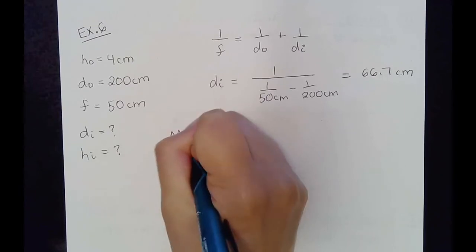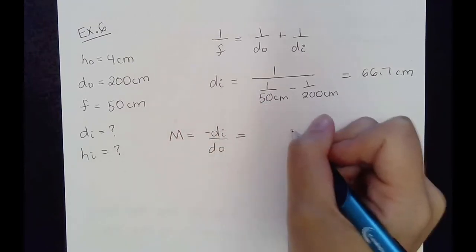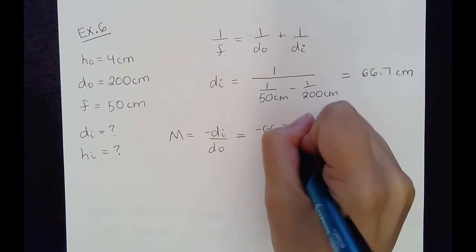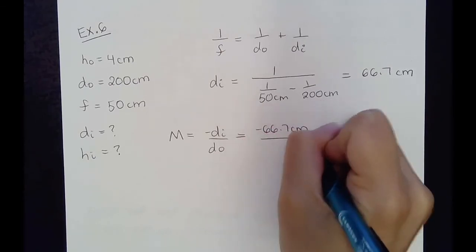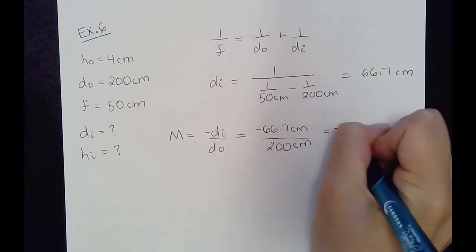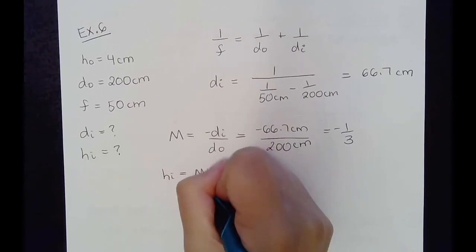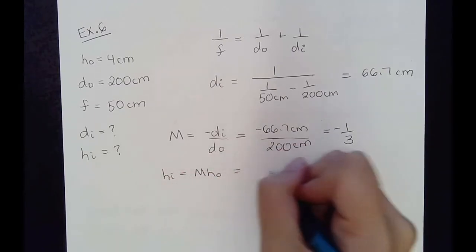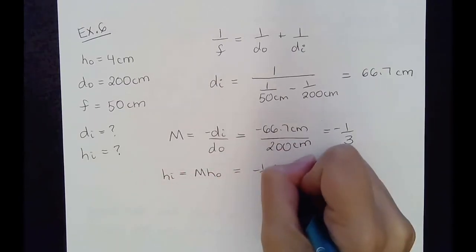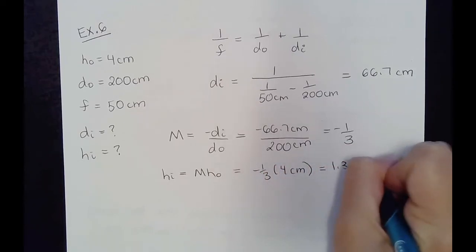And then the magnification is negative di over do. So negative 66.7 centimeters over 200 is negative 1/3. And then the height is the magnification times the object height. So negative 1/3 times 4, which gives 1.33 centimeters.